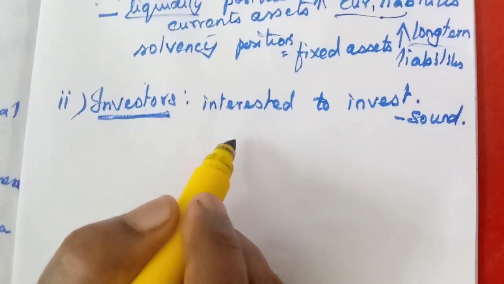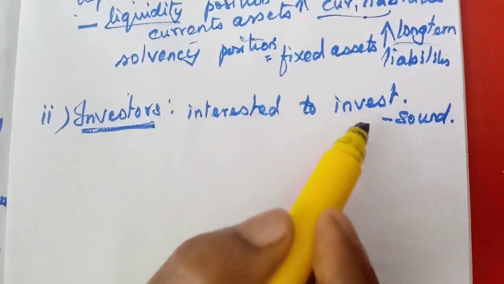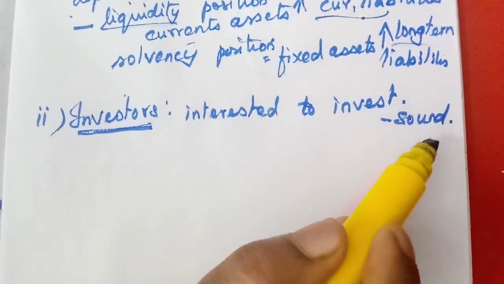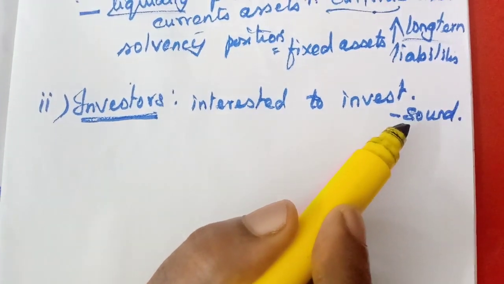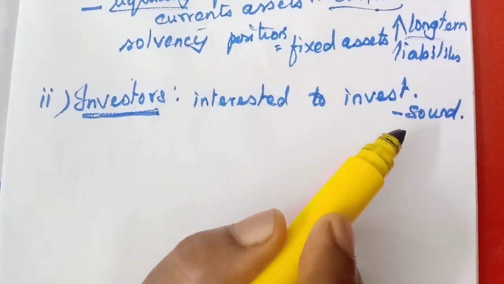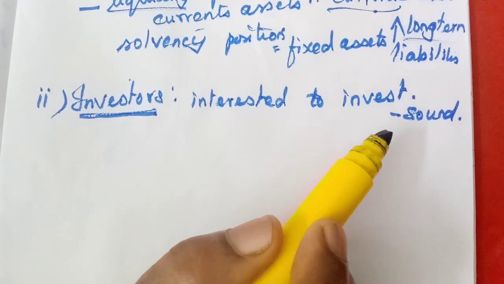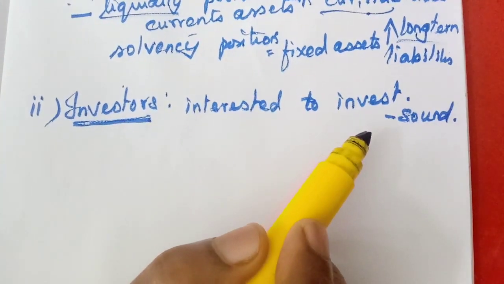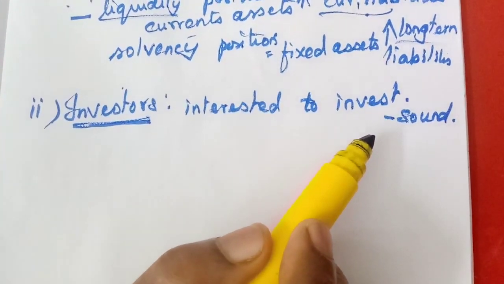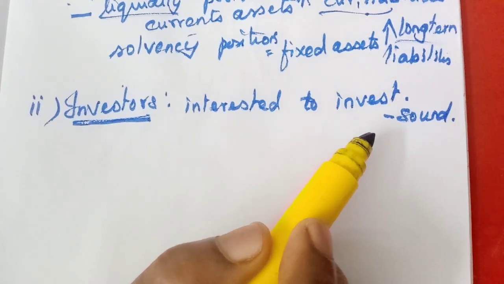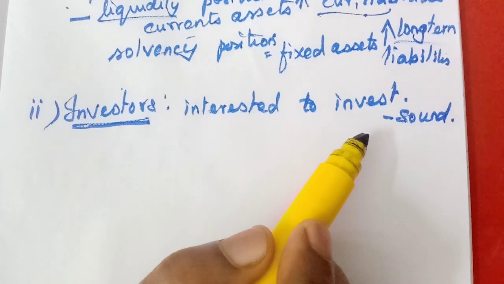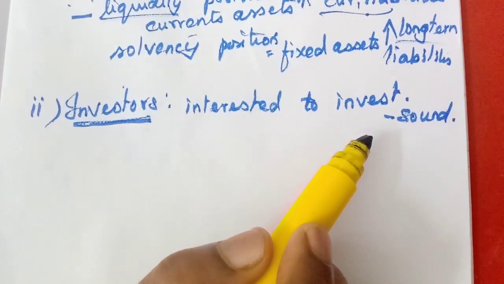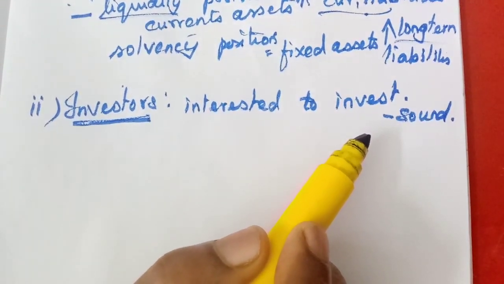Those who are interested to invest in the organization will want to know whether the business is running in a profitable manner, and only then they will be interested to invest their earnings. Because if they have trust in that company, only then they will invest their money.